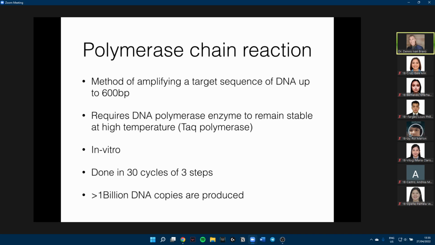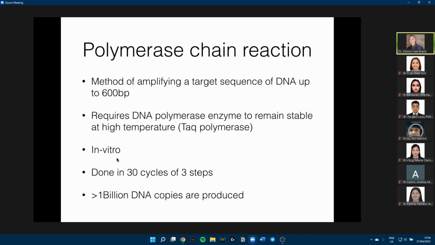So just remember that. Since this is simulating the replication process in vitro and carried out at a temperature that oscillates and sometimes reaches near boiling point, it will require a DNA polymerase that is stable at this very high temperature. We call this DNA polymerase Taq polymerase. It's an in vitro process simulating replication.